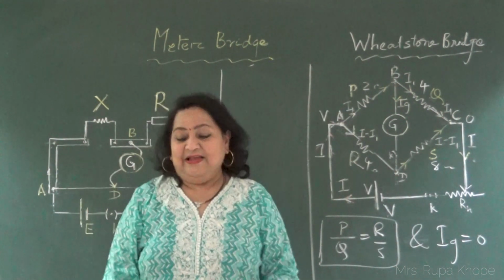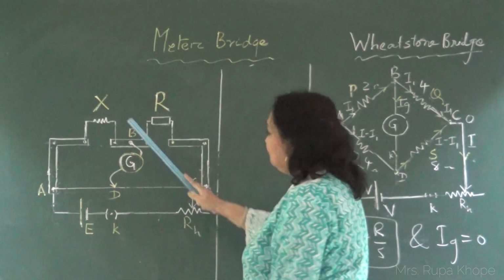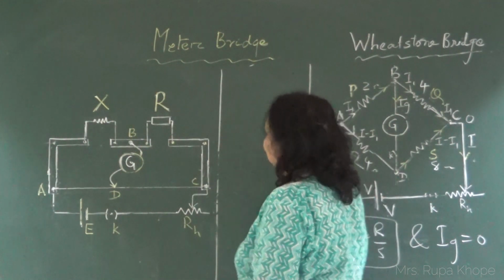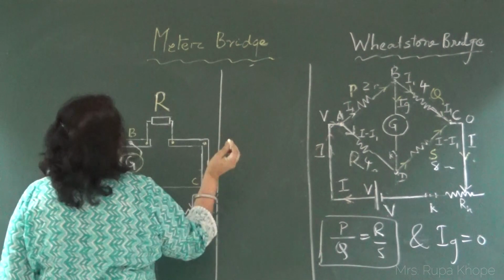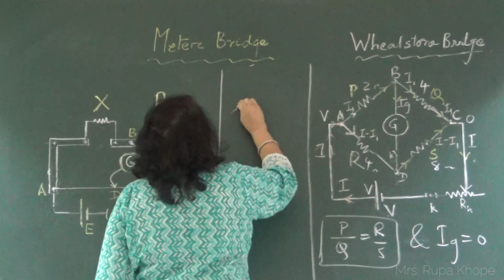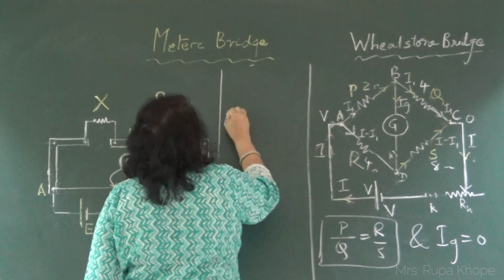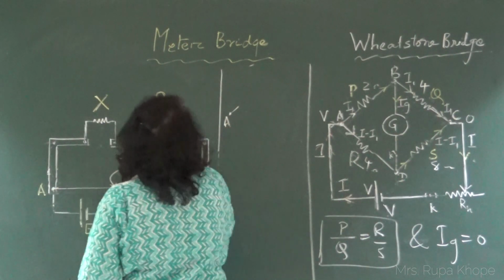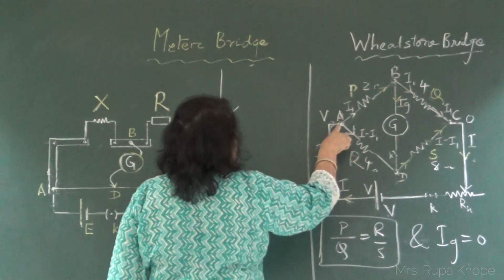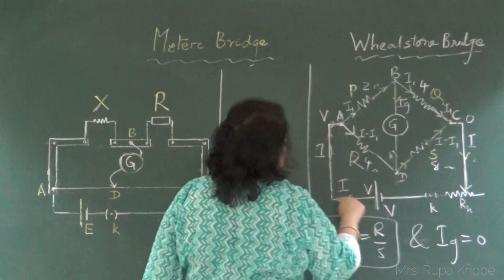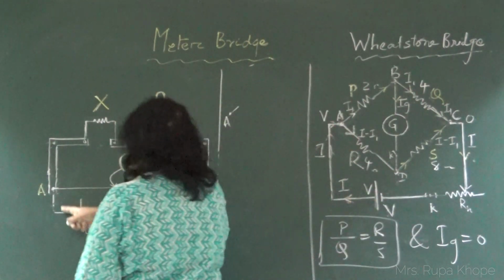So let's compare this bridge with this bridge because both are the same. Let's compare. Look here. Here is X. I'll draw here. This is point A. Between A and C, there is a primary circuit. Can you see that?